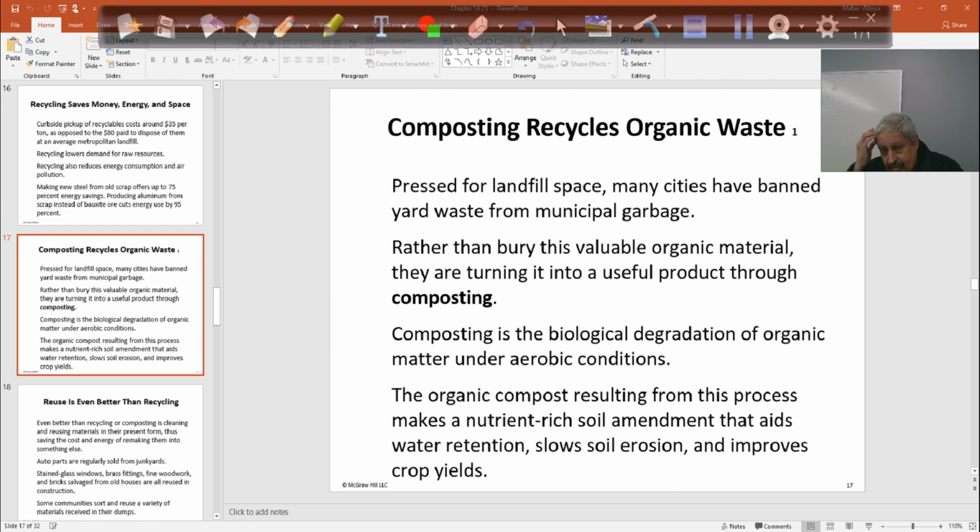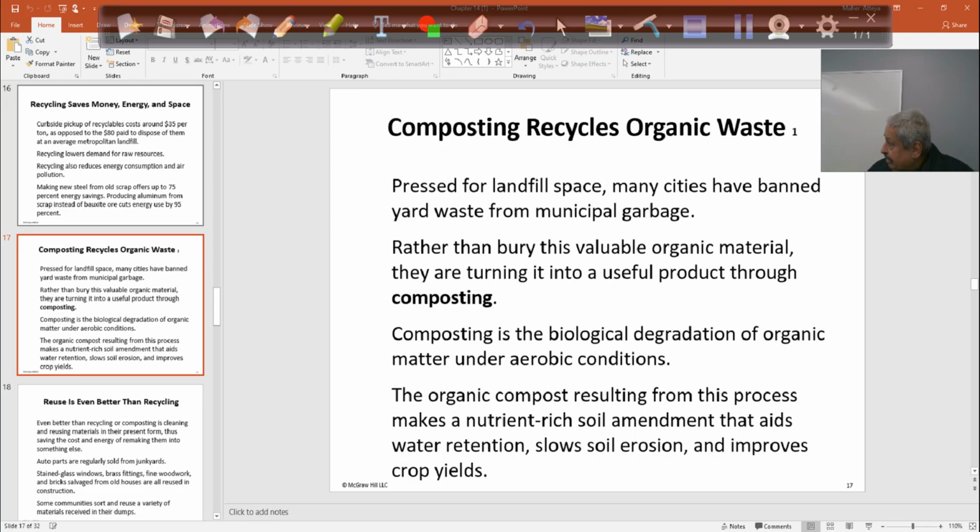Those you can reuse for manufacturing a lot of other things, or you can just keep them and let bacteria get rid of them. Or you can reuse them, as I said. Composting is the biological degradation of organic matter under aerobic conditions.